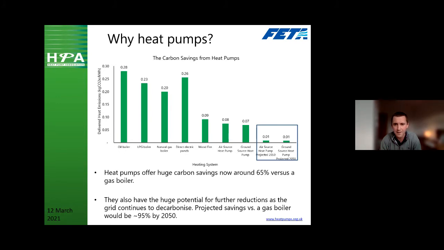And on the right hand side of the graph there, you can actually see the potential, using Bayes' projections for where the electricity grid will go, for the savings that you might be able to see from air source and ground source heat pumps, which is around 95% compared to the current gas boiler, and potential for that to even reach net zero if the grid fully decarbonises.